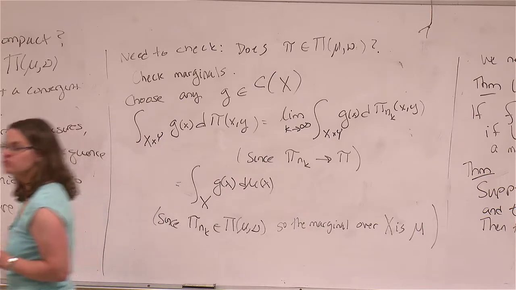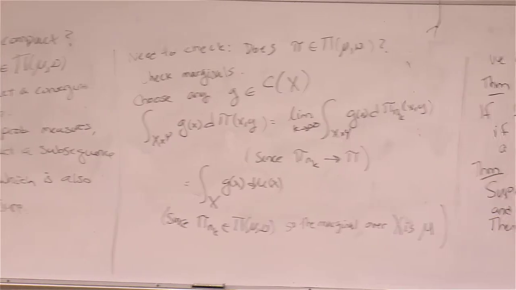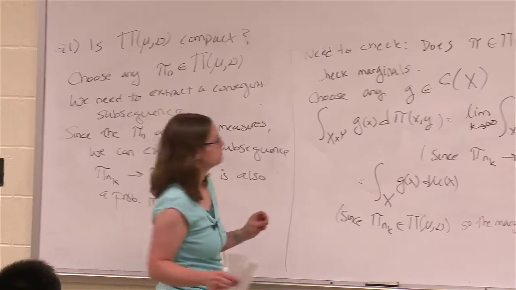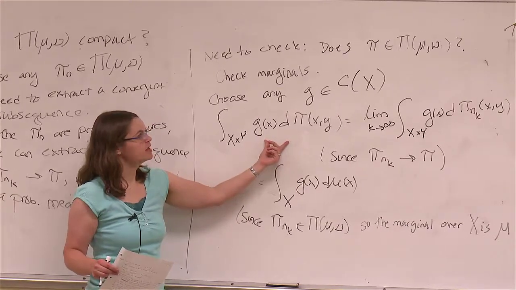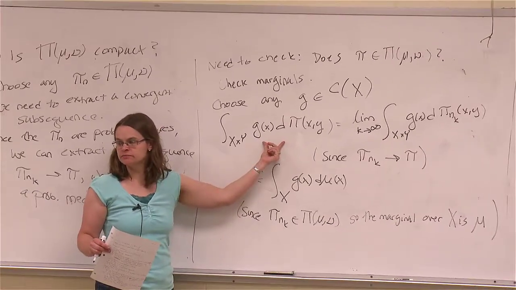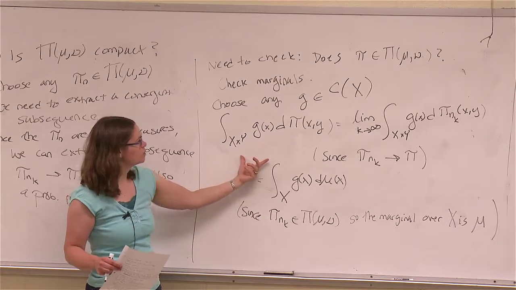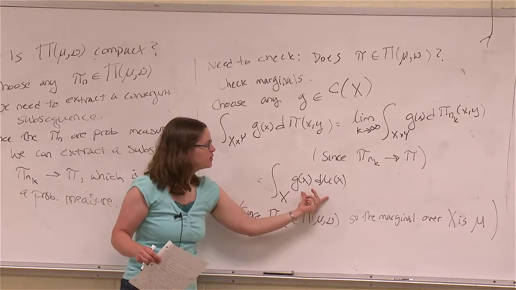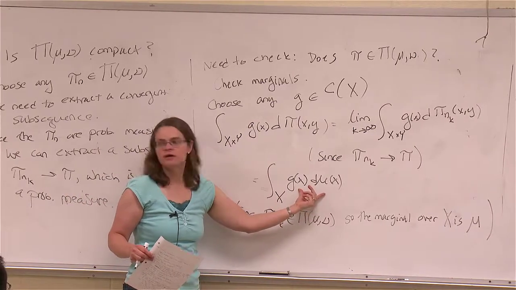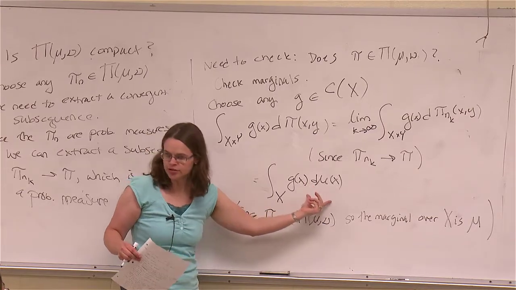And this is good. This is exactly what we wanted to show. I wanted to show that if I integrate against any function, the y dependence goes away, and I get exactly what would happen if I integrated against my original measure mu.